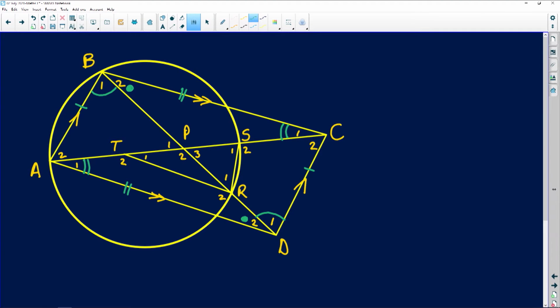Just 5 or 6 or 7 colors. Then you can use different colors on your diagram instead of different symbols. Okay, there's one angle, the one I started with, that I didn't fill in, and that is that A2, now I'm going to give it 2 little ears there, is equal to C2 for the very same reason.